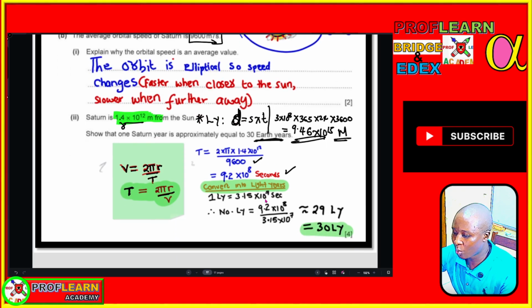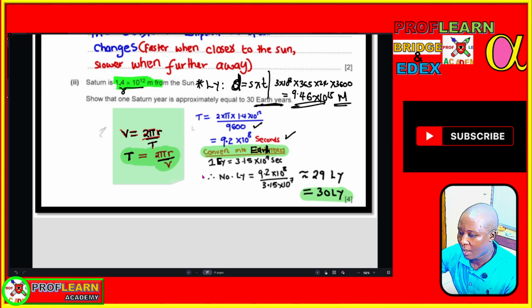Convert that to earth years. Converting to earth years, 1 earth year is equal to 3.15 times 10 raised to power 7 seconds. So how many earth years are we going to have here?